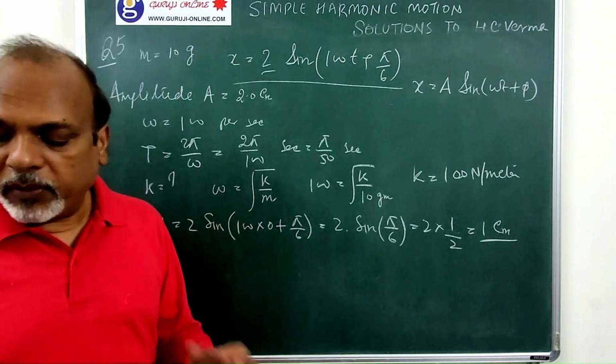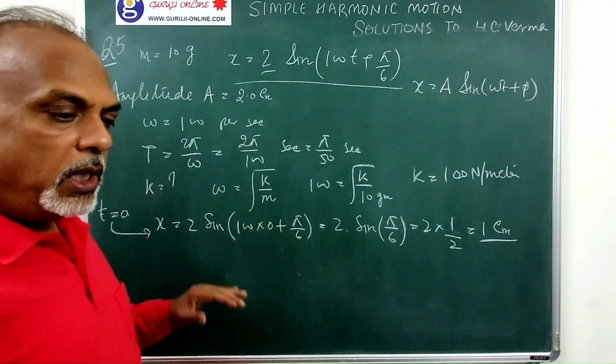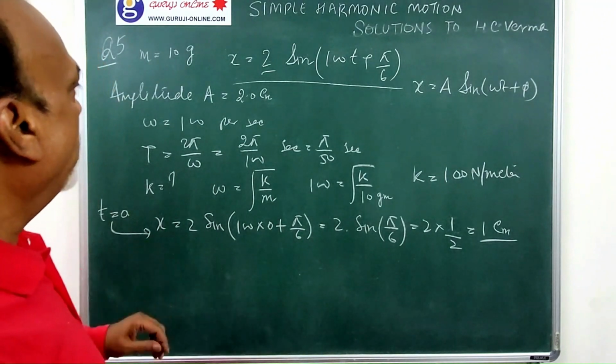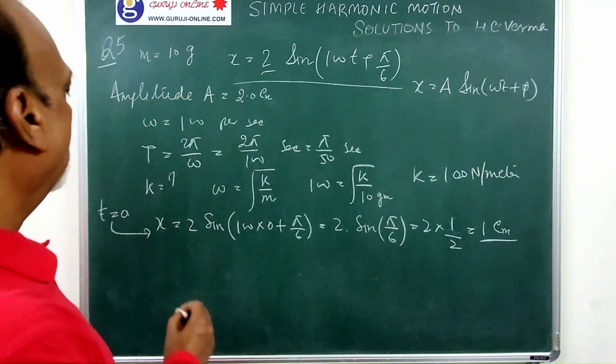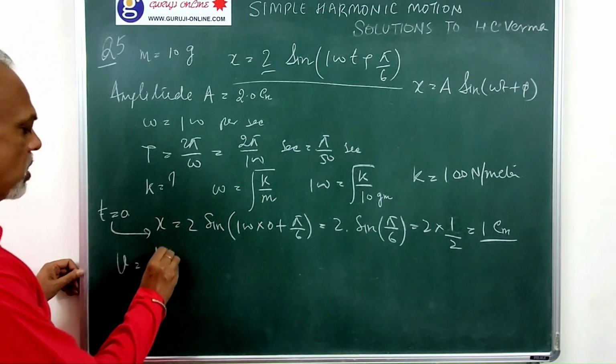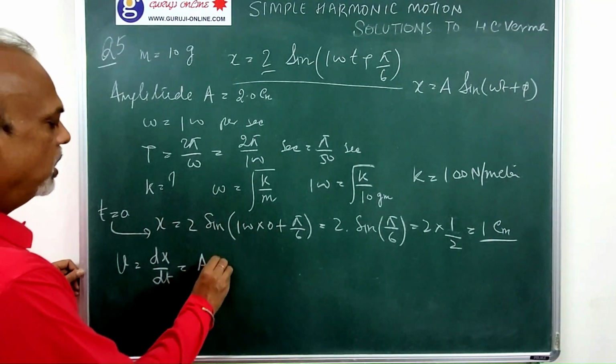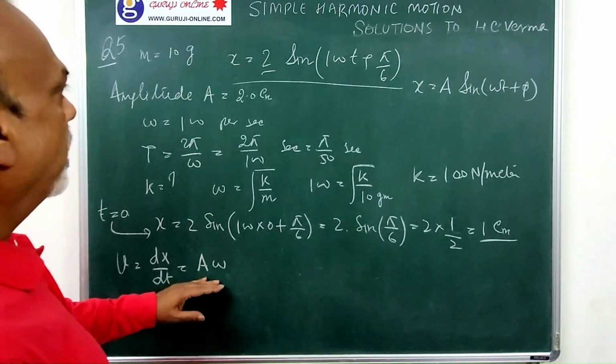Then we have to find out the velocity. What is velocity? Velocity is nothing but dx upon dt, or this will be A omega.